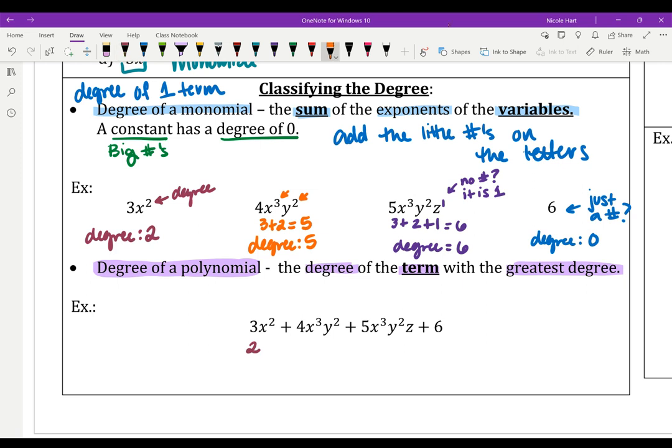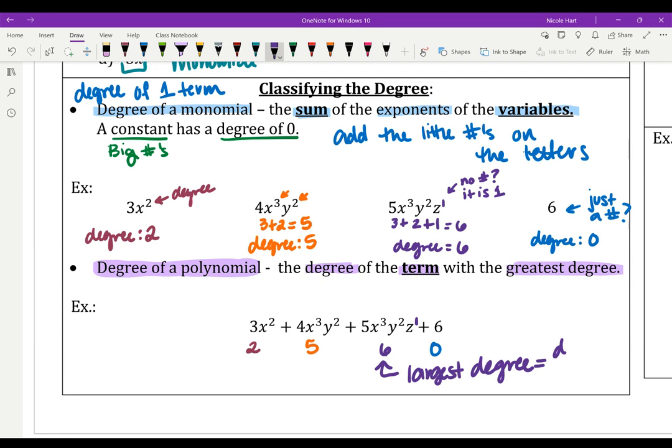We have 4x cubed, y squared, that has a degree, remember we add those together, of 5. And then we have 5x to the power of 3, y to the power of 2, z to the power of 1. And so that has a degree of 6. And then that 6 by itself has a degree of 0. So the largest degree is that 6.